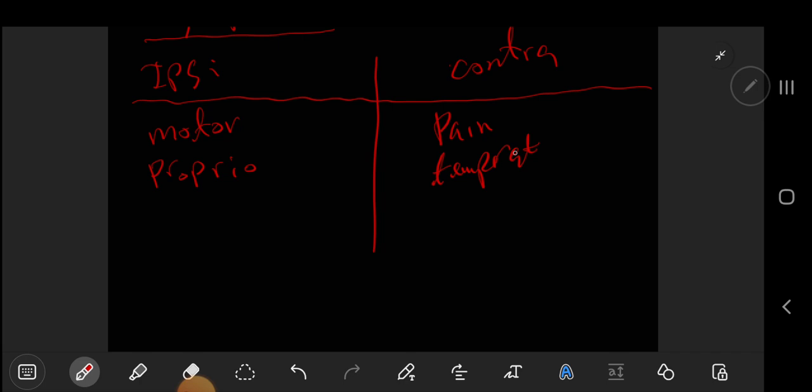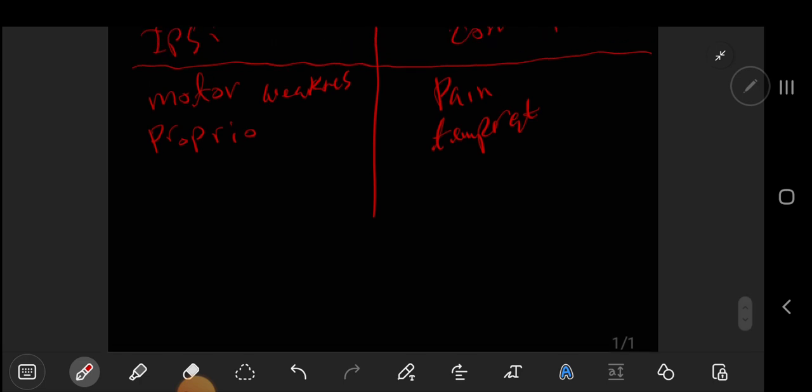Namely, the person will present with motor weakness or even paralysis on one side, coming with loss of proprioception, like he doesn't know where his limb is on this side. But on the contralateral side, he won't have pain or temperature.